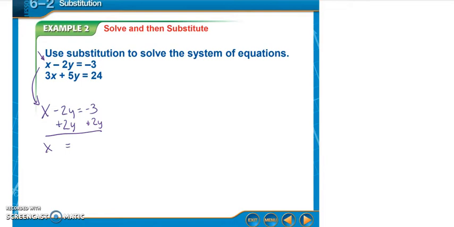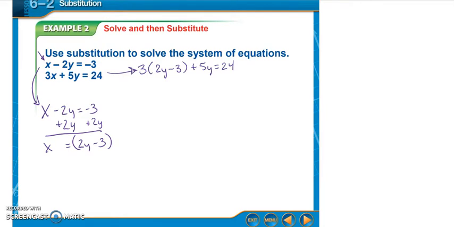So this is x equals 2y minus 3. So now, instead of x in the second equation, 3 times 2y minus 3 plus 5y equals 24. So this is where distributive property matters.